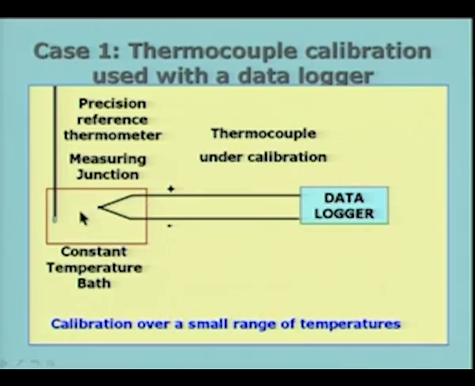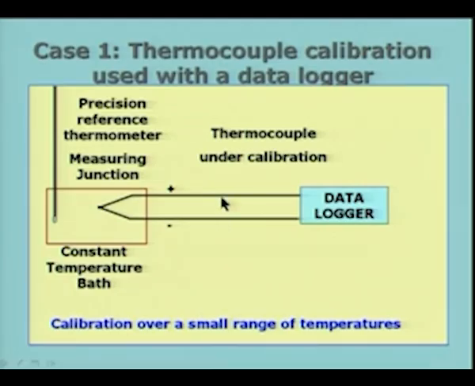Okay. So, in principle whatever temperature is indicated by the precision reference thermometer must correspond to a certain voltage developed by the thermocouple under calibration, and I am using it in a form without the reference temperature being at the ice point.